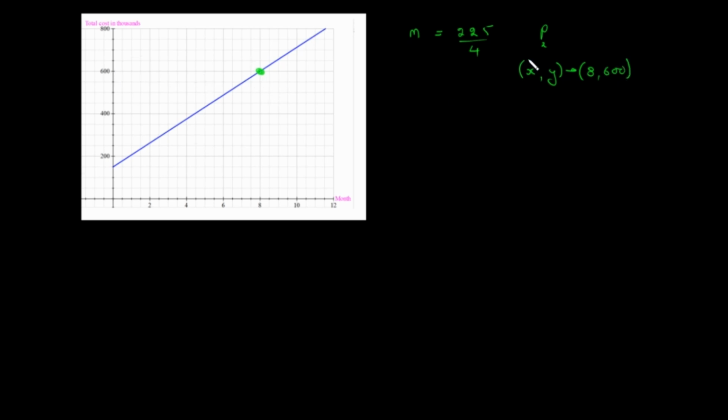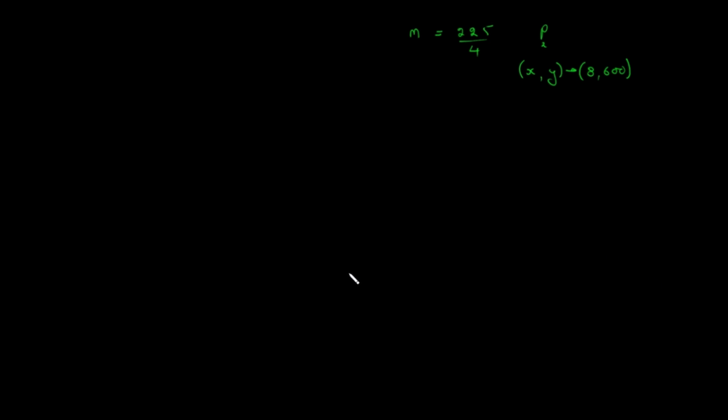Now you're given this without having the graph. I've hidden the graph. This is the information that you are given. If you have that, what's the equation of the line?